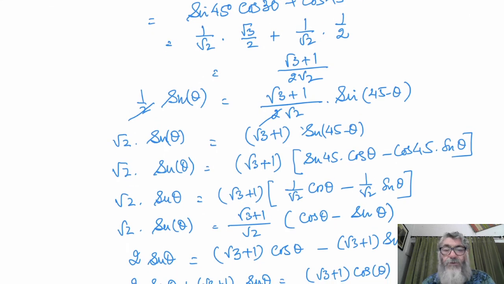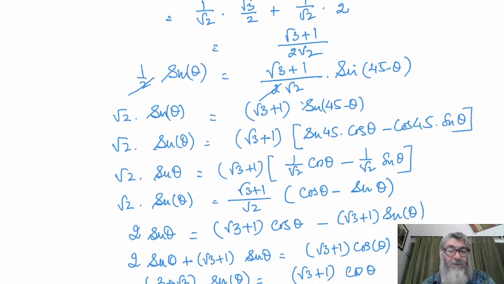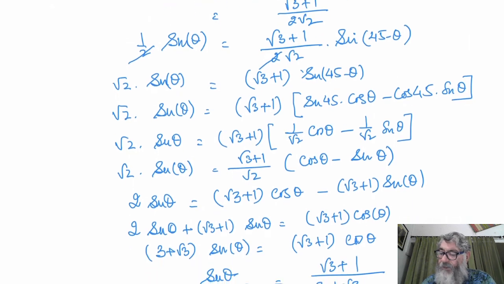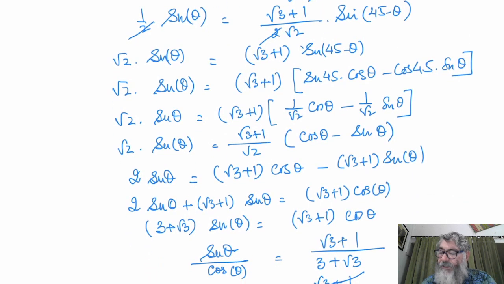I transferred root 2 from the right side to the left side because root 2 into root 2 will give us 2. 2 sine theta is equal to root 3 plus 1 cos theta minus root 3 plus 1 sine theta. We brought the sine theta terms to one side, took out common sine theta, and achieved 3 plus root 3. On the right hand side, I have root 3 plus 1 cos theta.